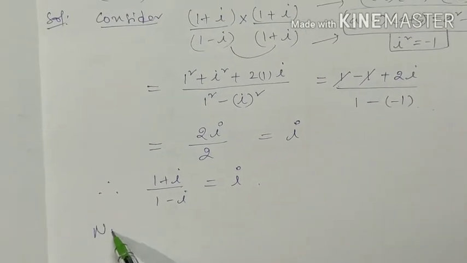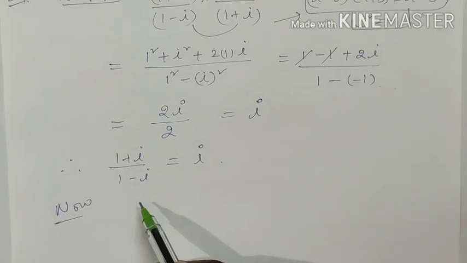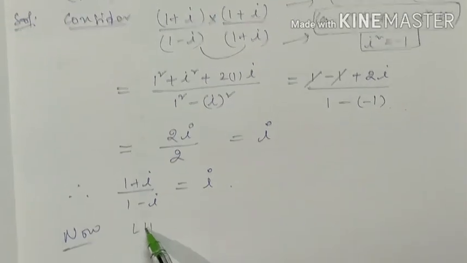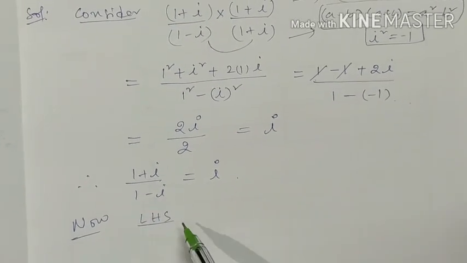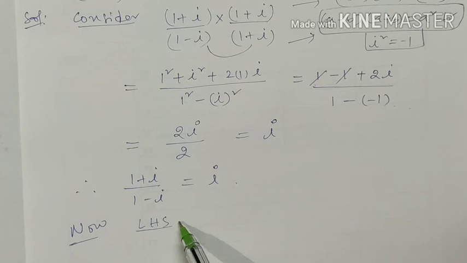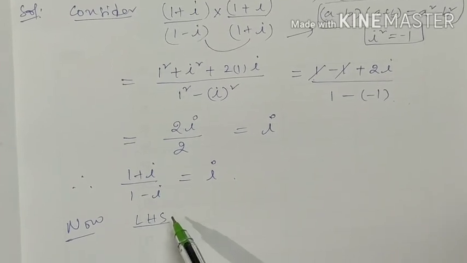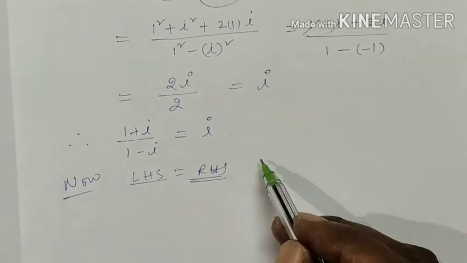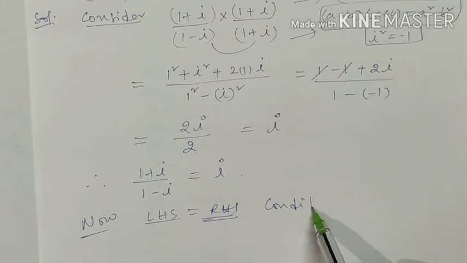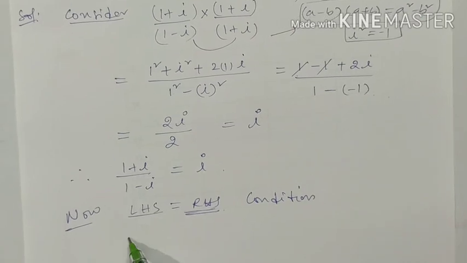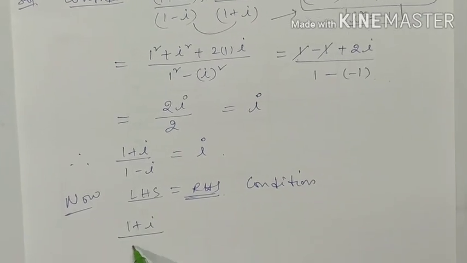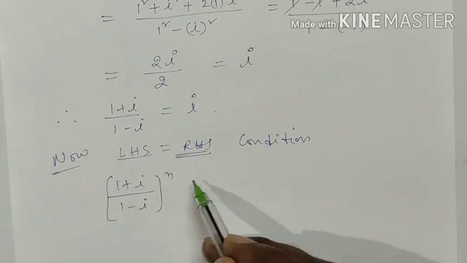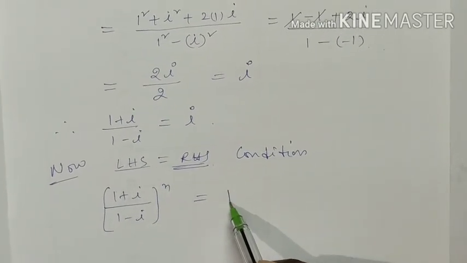So now let us take the left side, and the given condition, (1 plus i by 1 minus i) whole power n is equal to 1.